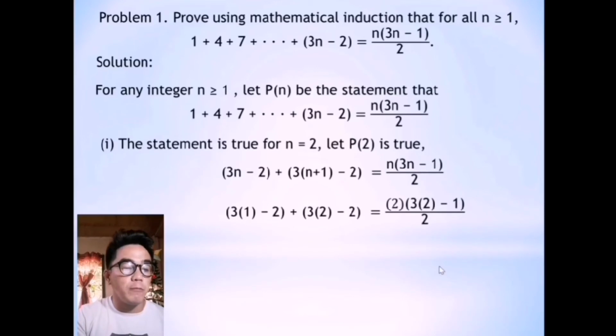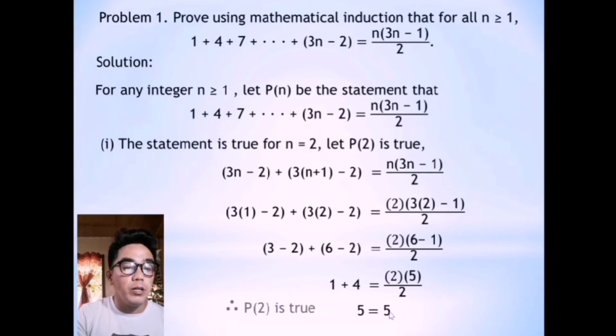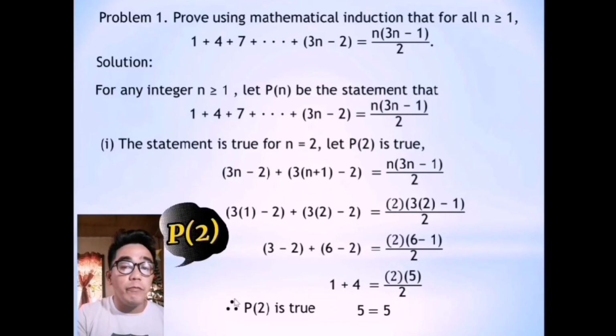So simplify: 3 times 1 minus 2, 3 times 2 is 6 minus 2, and 3 times 2 is 6 minus 1, times 2 over 2. So we have 3 minus 2 is 1, 6 minus 2 is 4, 6 minus 1 is 5 times 2 over 2. Then 1 plus 4 is 5, 2 times 5 is 10, divided by 2 is 5. As you can see, they are the same. In short, P(2) is also true.